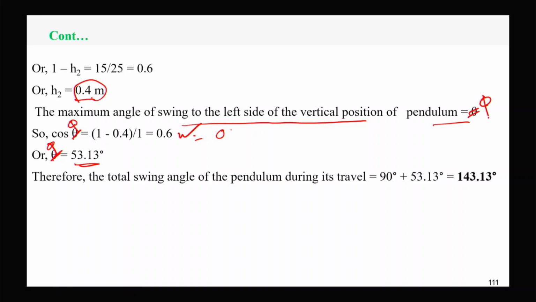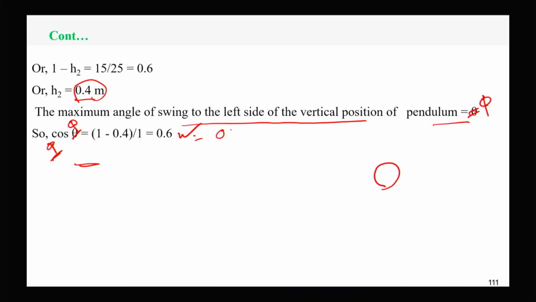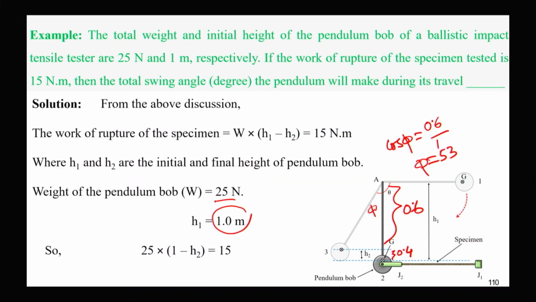Okay. Now the total swing angle will be 90 degree plus phi, because if we see the diagram, we have calculated this phi, and total swing will be 90 degree plus phi.